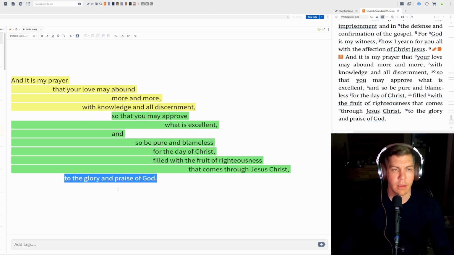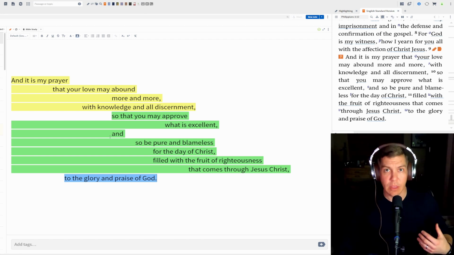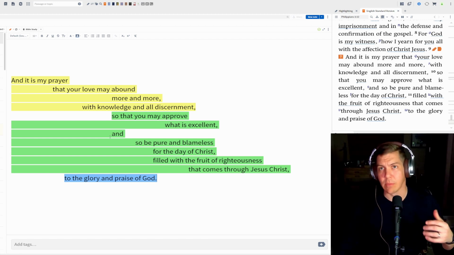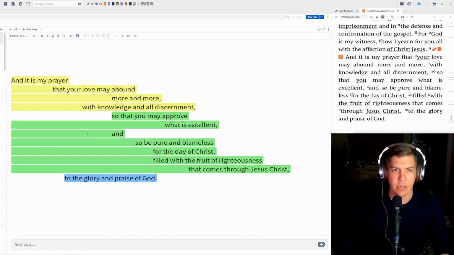And then again, I might change my mind and decide that, okay, the glory and praise of God is talking about this section here, but my initial take is that I think it's talking about something else. But now I've got this passage already, an initial idea of how it is broken down, helping me think through it and ultimately pointing me toward how I'm going to work toward interpretation and potentially what's going on here, what conclusions I'll draw, and the application that comes with it.